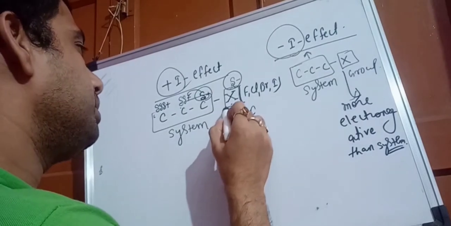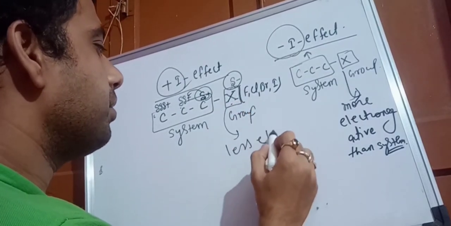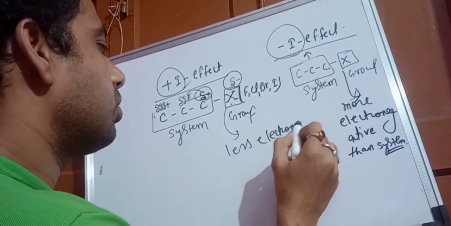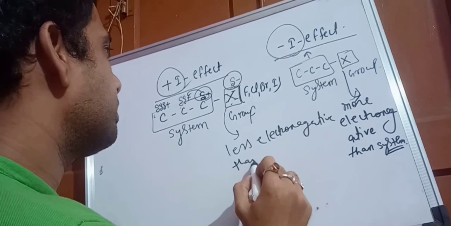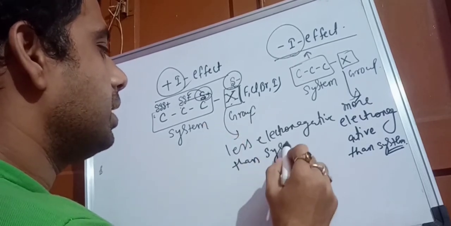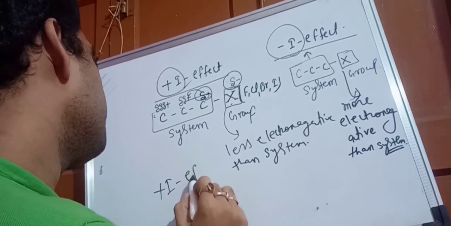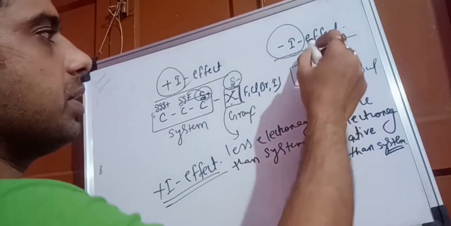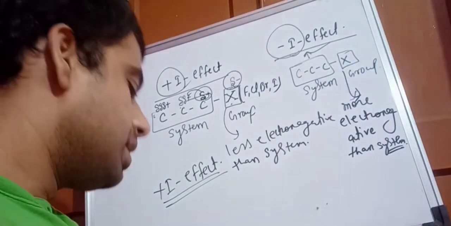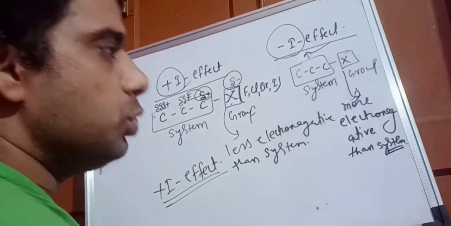But if X is less electronegative than the system, then this is the positive I effect. Positive I effect, and this one is the negative I effect. So it depends upon the group, what group you have.